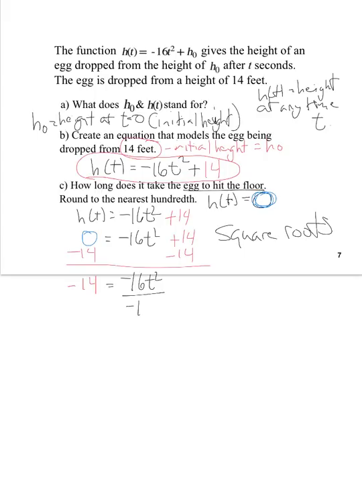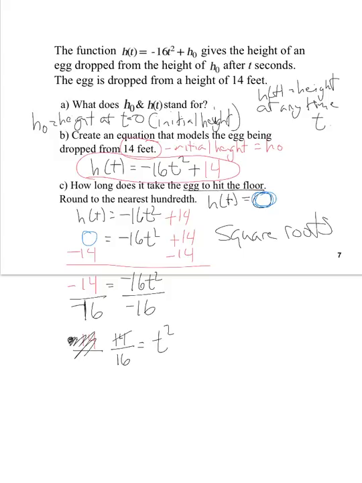I can divide both sides by negative 16. When I do that, I'm going to get negative 14, and let me make that clear that that is negative 16, not negative 76. I get negative 14, or shoot, actually, I'm not going to get negative 14. When I look at negative 14 over negative 16, I'm going to get 14 over 16 is equal to t squared.